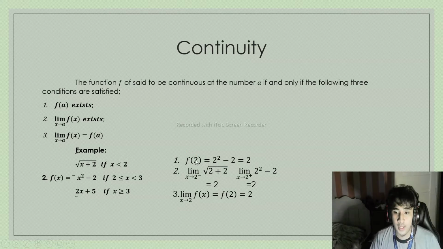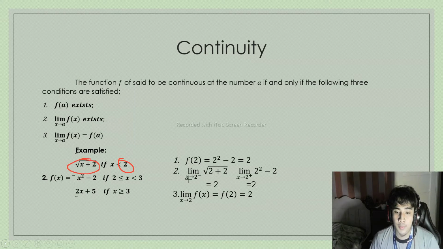So we will find the limit of f of x as x approaches 2 from the left side, and the limit of f of x as x approaches 2 from the right side. We will find the left side first. Hanapin muna natin yung left side. So ito ang function na gagamitin natin.